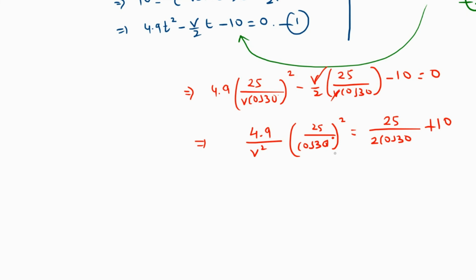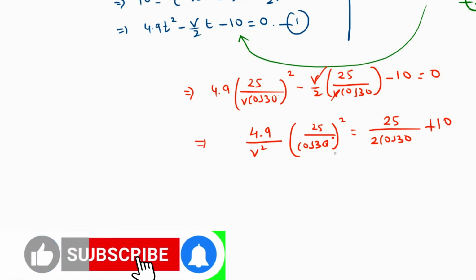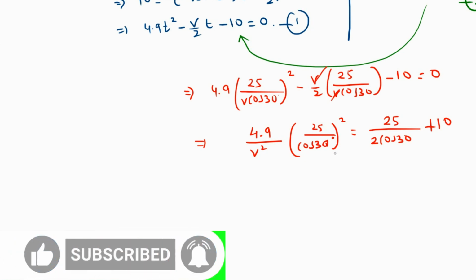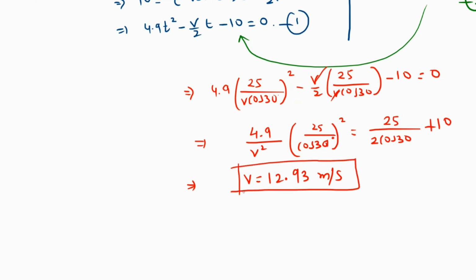It's 25 over 2 cosine of 30 plus 10, over 4.9, times cos 30 square over 25 square, 1 over this value, and the square root of this value comes out as 12.93 meters per second up to 2 decimal places.